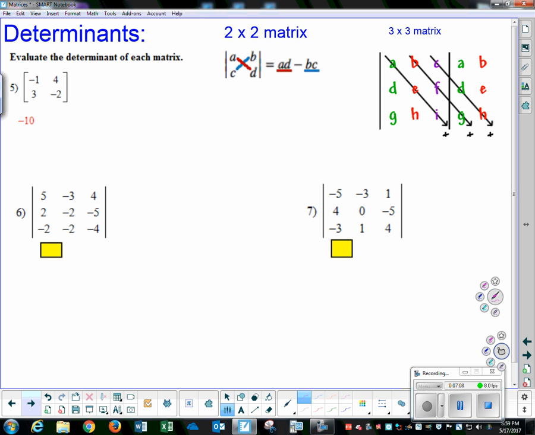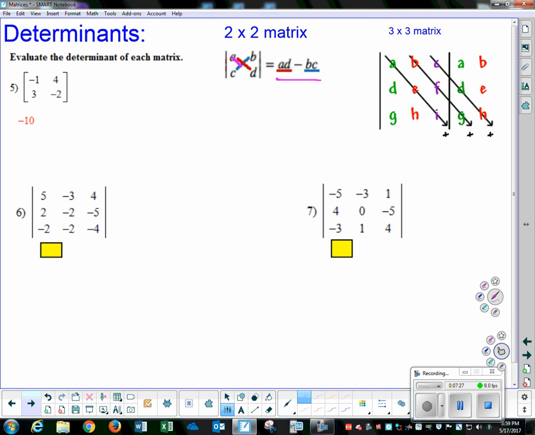Next, let's talk about a determinant and how you calculate a determinant. It depends on the size, because the procedure for finding the determinant is different based on the different size matrix. So a 2 by 2 is very simple, and here you can see the formula for calculating it.